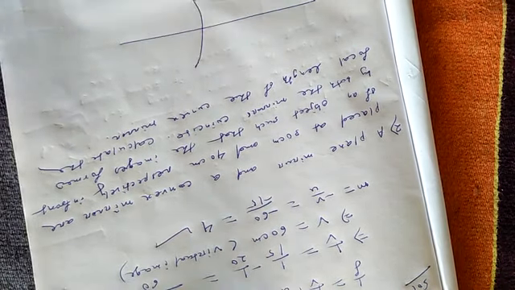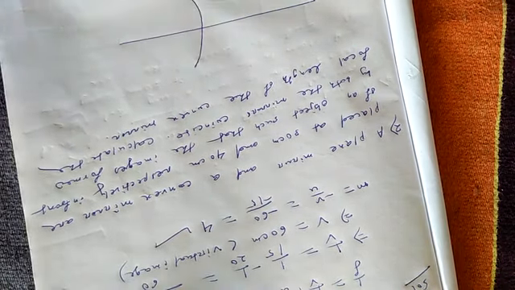This is the convex mirror. This is the object. AB is the object. The object is placed at a distance 40 cm from the convex mirror.